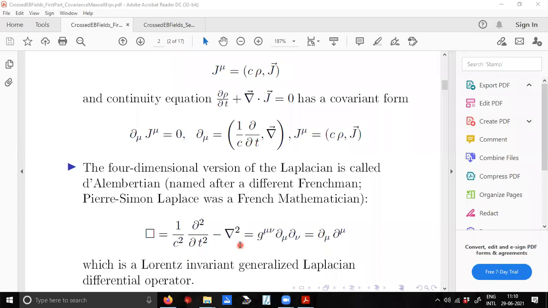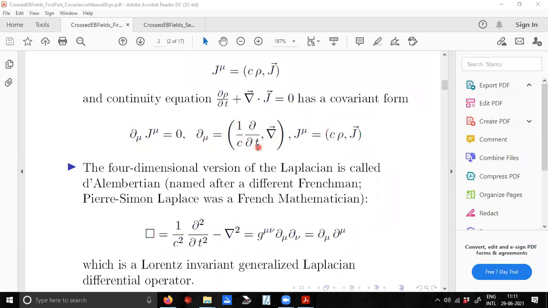So now I write this. It can have a covariant form. You can write this as g^μν ∂_μ ∂_ν, because you know what ∂_μ is. I have written it here, so you should remember this. Why did I write it? I can prove that ∂_μ transforms like a covariant component of any 4-vector. That can be shown.